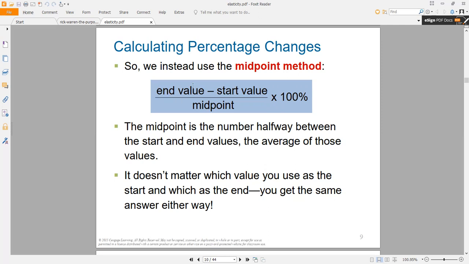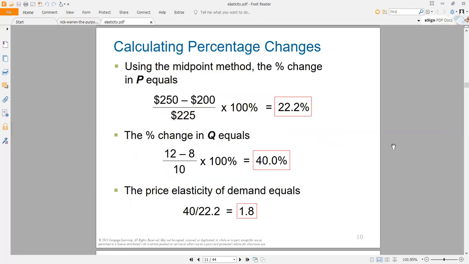So here, after finding the difference between the end value and the start value, you add the two values and divide by 2. That will give you the midpoint, which will serve as the denominator here. So let's look at this now. Assuming we are moving from 200 to 250, so from A to B. Now the difference between the end value and the start value will be 250 minus 200.